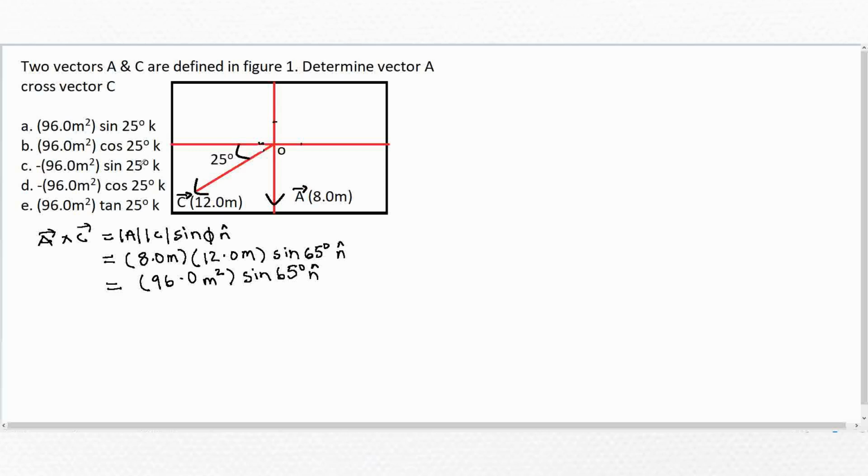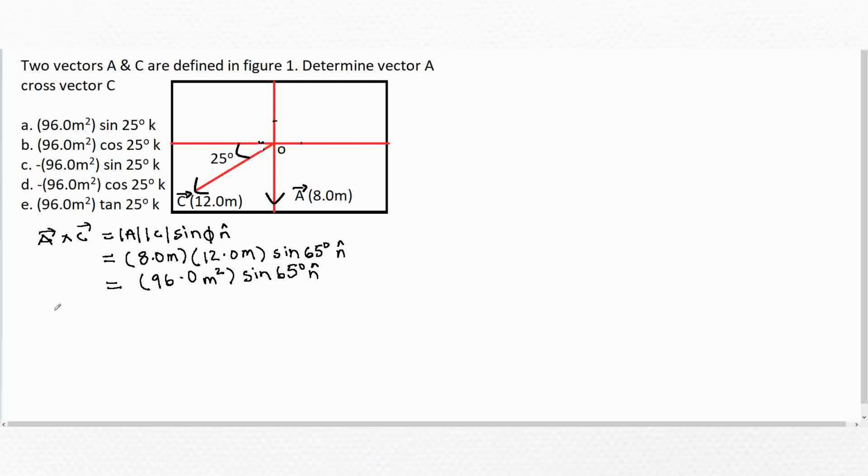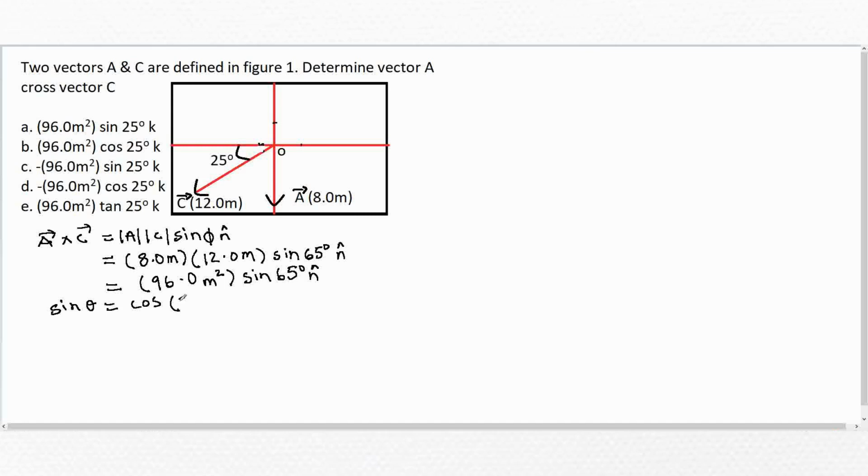Now, if you compare this solution to the possible answers, we realize that all the angles in the possible answers are in terms of 25 degrees. So that tells us we should find a way to rewrite sine 65 in terms of 25 degrees. We know from high school that sine of theta is equal to cosine of 90 minus theta.